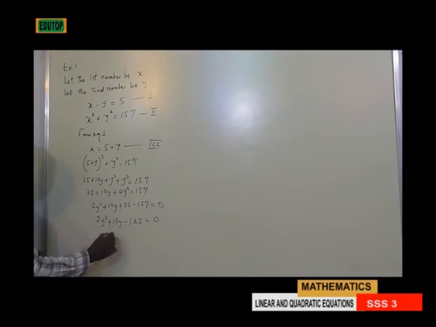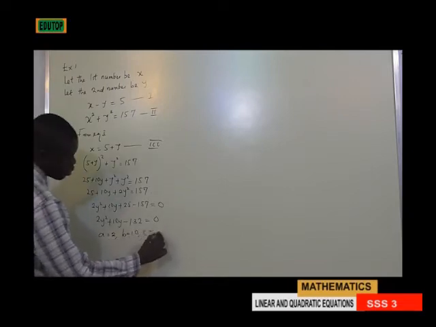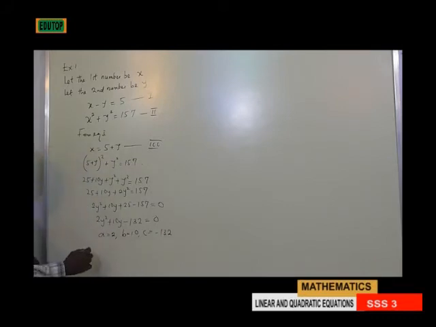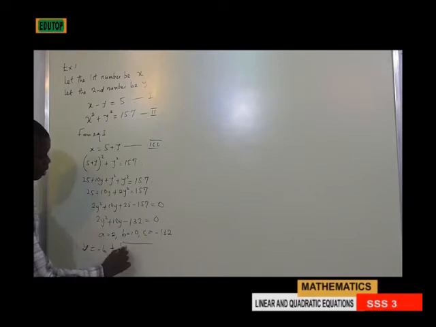A equals 2, B equals 10, and C equals minus 132. By recalling the formula, we have x, but this time I will call it y, equal to minus B plus or minus square root of B squared minus 4AC over 2A.